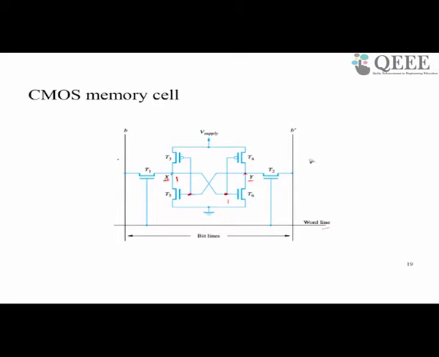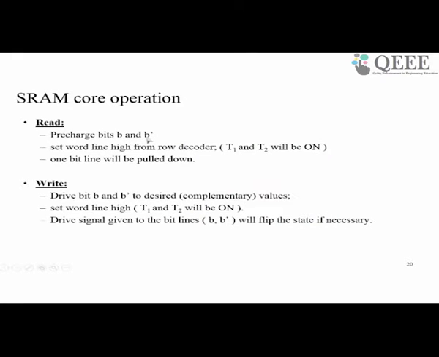Once B and B bar are pre-charged, we enable this word line so that T1 and T2 are both on, and then B and B bar will be driven. One of the bit lines will be pulled down, and by sensing that using an external sensing circuitry, the bit that is present can be read.